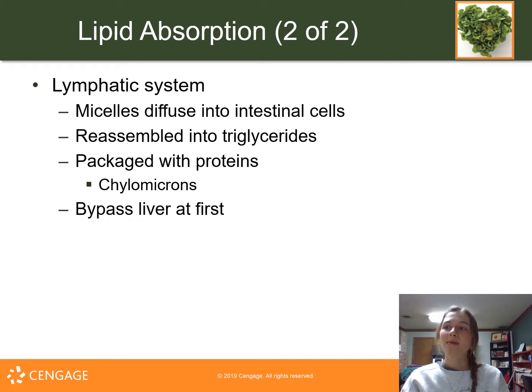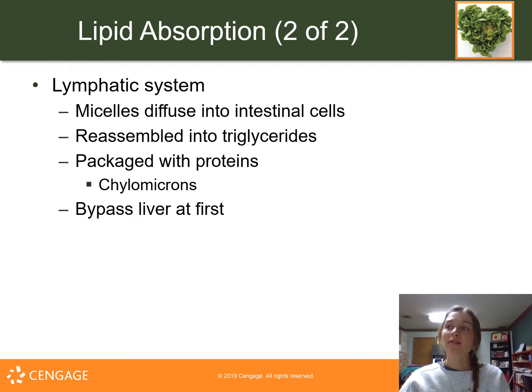And so that happens, they're reassembled into triglycerides once they pass through the small intestine. And then the new triglycerides, cholesterol, and phospholipids are packaged with protein into transport vehicles, in this case chylomicrons, and that's a type of lipoprotein.